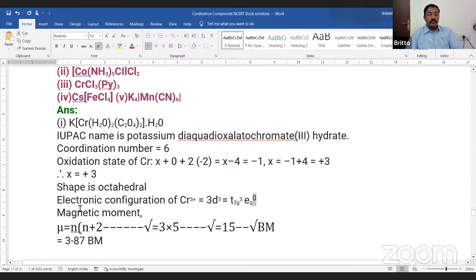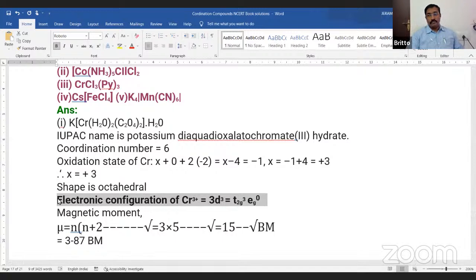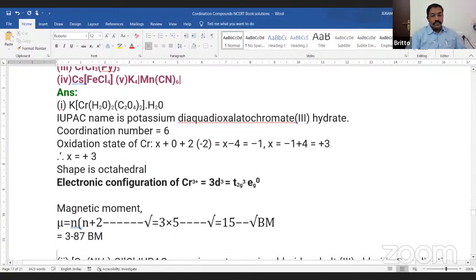This is the electronic configuration in terms of crystal field splitting, 3d3. I told you for 3d3, whether it is weak field or strong field, it is the same because only three electrons are there. These 3 electrons are going to occupy the t2g level.